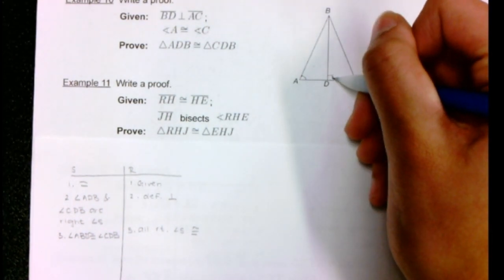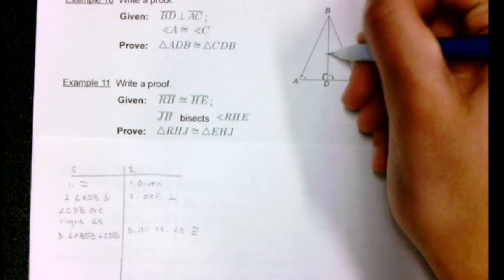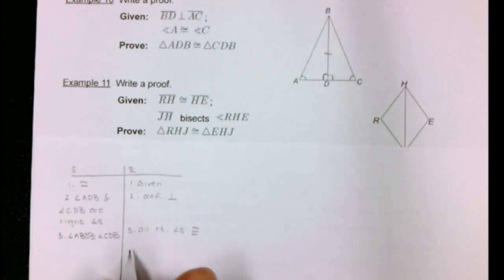And so now we know that these are both congruent, and we need to prove that this side BD is congruent. So we use the reflexive property to show that.